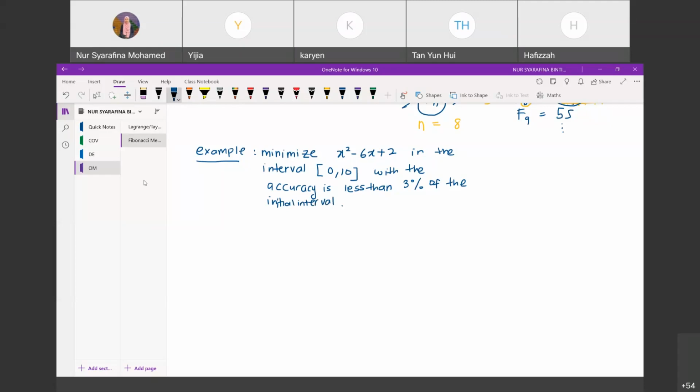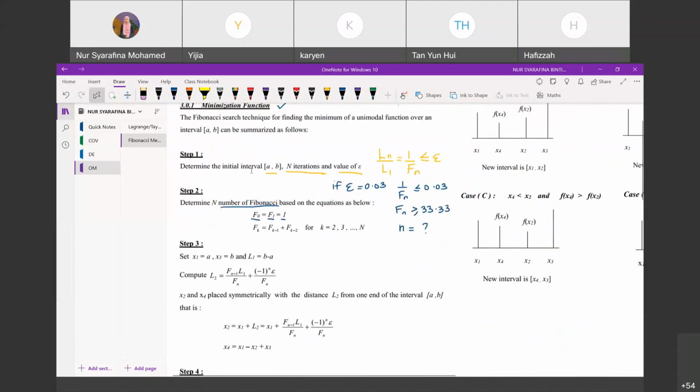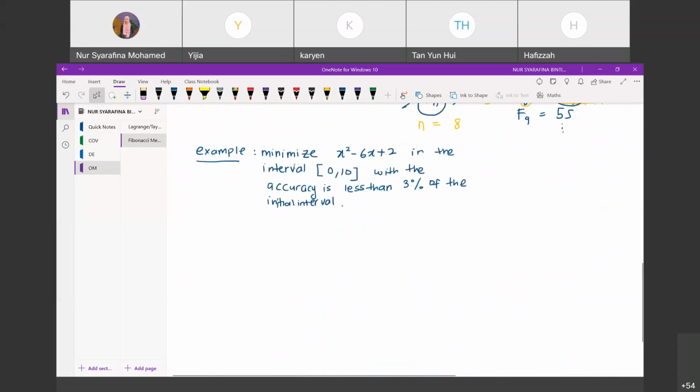So this is an example of a problem using Fibonacci. Now let's start with the first step. Determine the initial interval. So your initial interval is 0, 10, right?